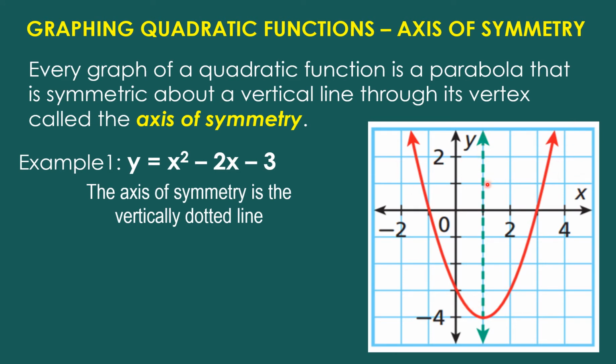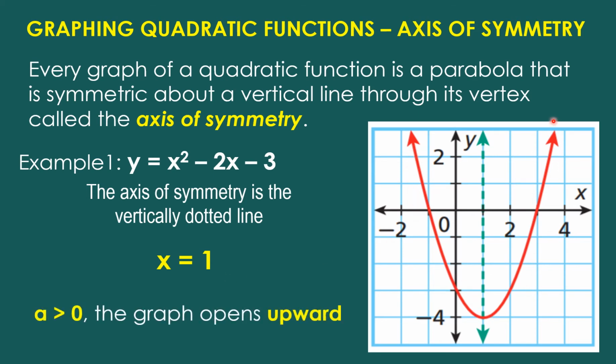There is a vertically dotted line here that divides the parabola into two portions. These two portions are symmetric, and it is symmetric when x is equal to 1. Therefore, the axis of symmetry is x equals 1. Notice also that the parabola opens upward since the value of a is greater than 0.